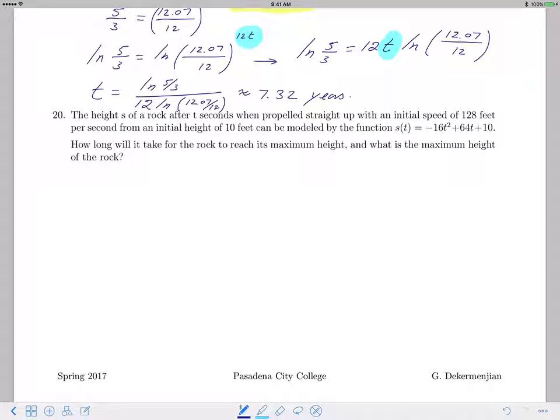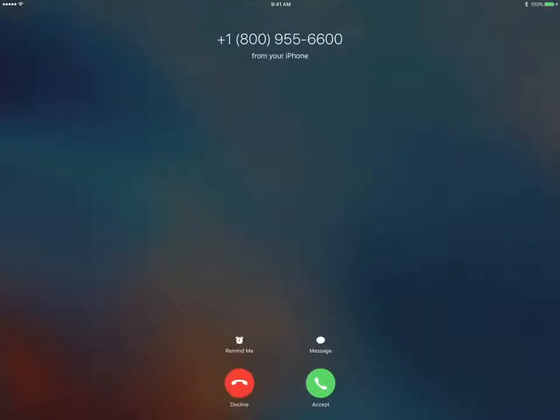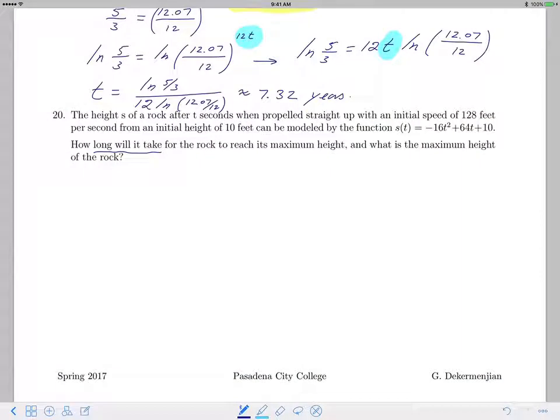Well, how long will it take means we're looking for the time t, and then the maximum height is, we're looking for s at that value of t.